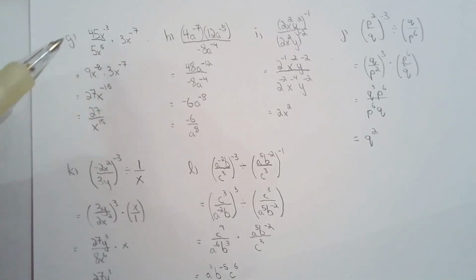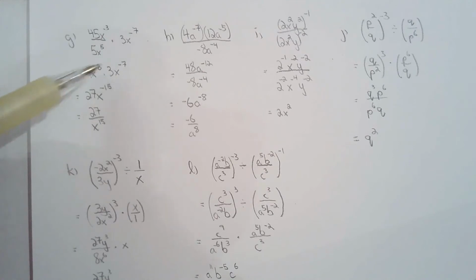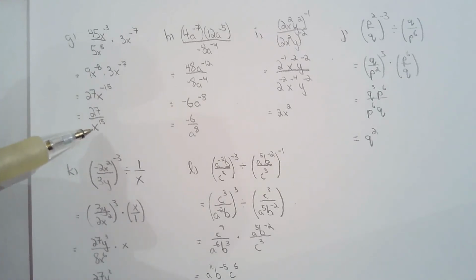So now I divided. When you divide two powers of the same base, you subtract exponents, and then you add the exponents, because now I'm multiplying powers of the same base, and then I get negative 15 as my exponent, so convert it to a positive exponent. Express it as 15 factors of x in the denominator.